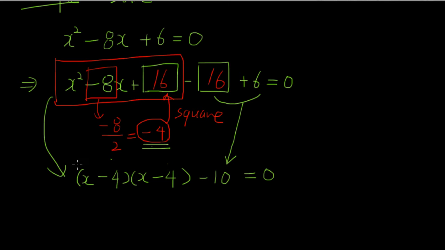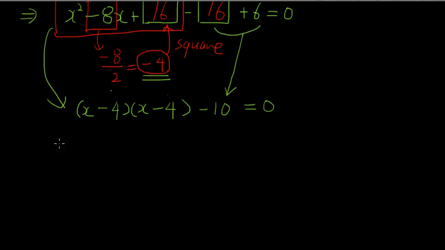Okay, so we can rewrite this as x minus 4 squared equal, I'm going to move this negative 10 to the other side, becomes positive 10. Just like that. Right? We rewrite it as positive 10.